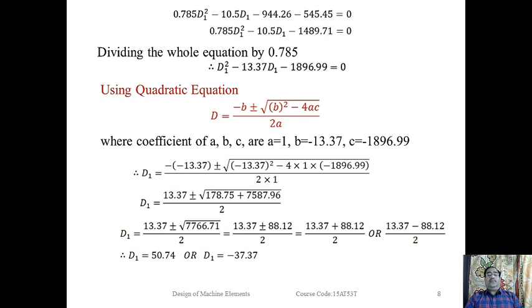We have to consider the positive value, that is 50.74. So the value of capital D1 is equal to 51 mm.